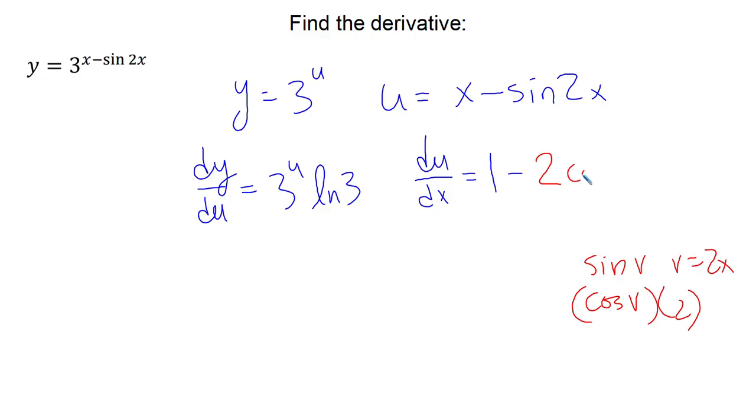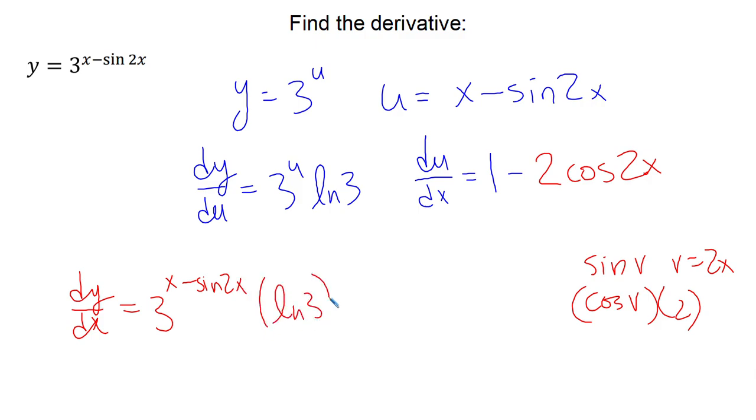Or 2 cosine 2x. So our final answer here should be dy dx is equal to 3 to the x minus sine 2x times the natural log of 3 times 1 minus 2 cosine 2x.